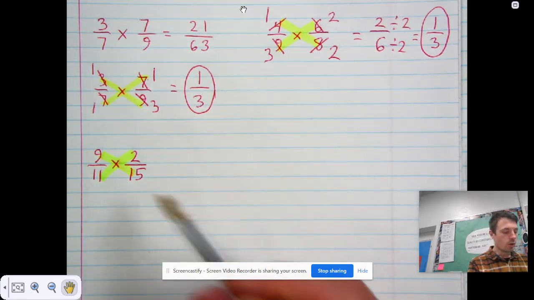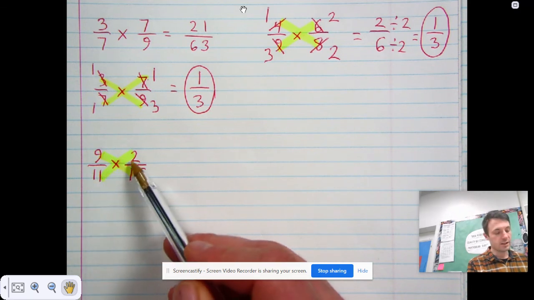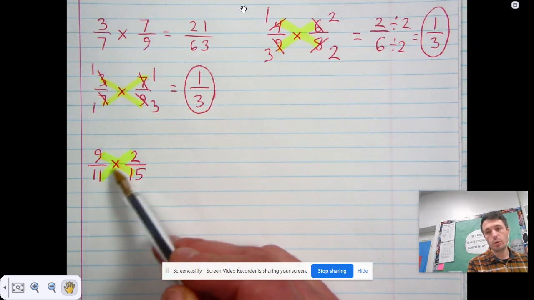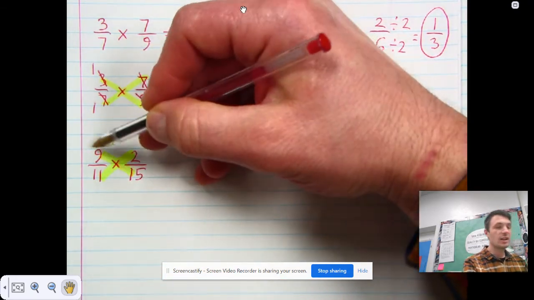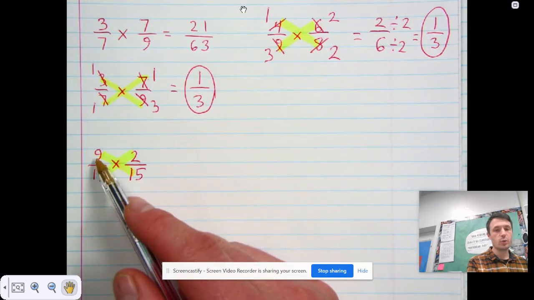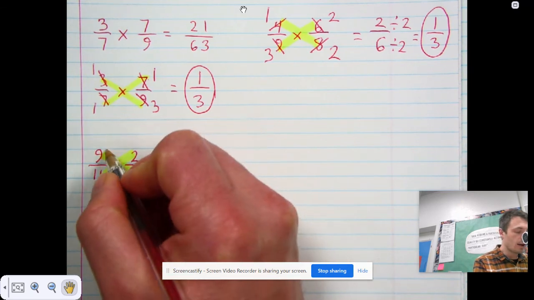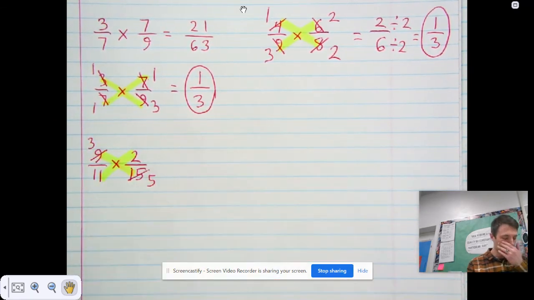So there will be no GCF for 2 and 11 above 1 because 2 and 11 are both prime numbers and 2 can't evenly fit into 11. So I know 1 will be the GCF there. But for 9 and 15, I know 3 can fit into 9 3 times, and I know 3 can fit into 15 5 times. So 9 divided by 3 is 3. 15 divided by 3 is 5.